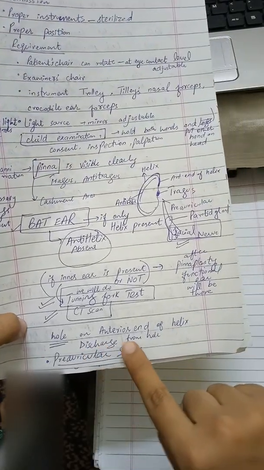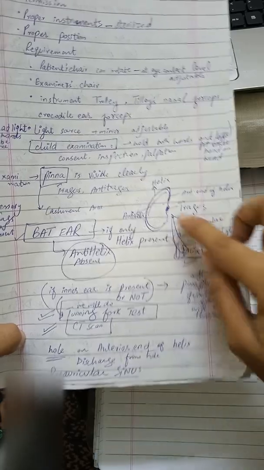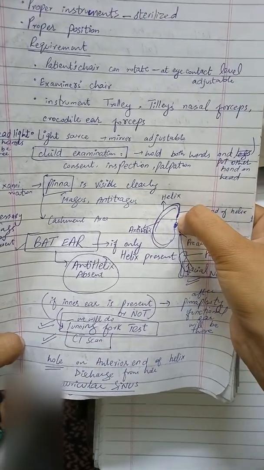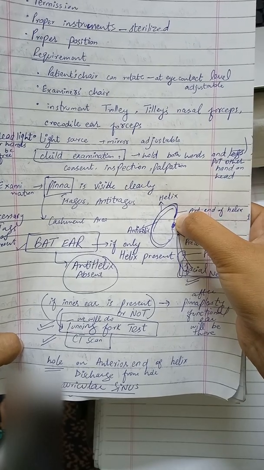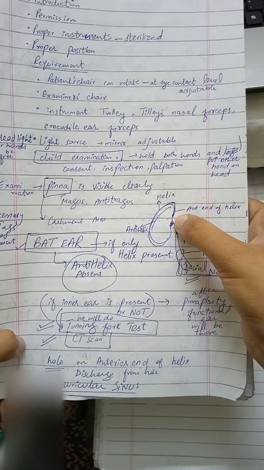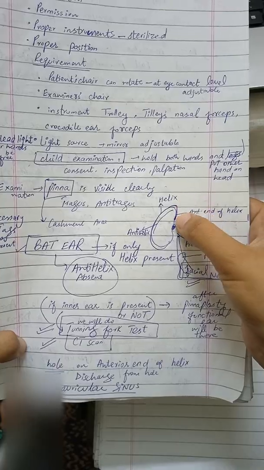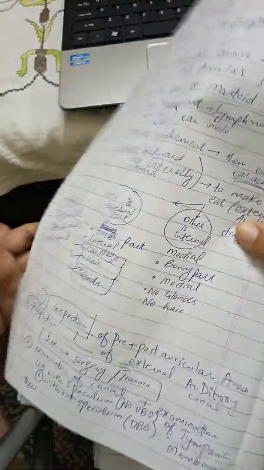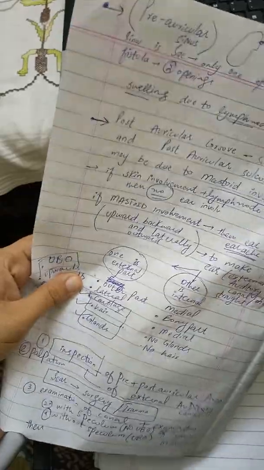And if there is a hole on the anterior end of the helix, this is helix outer border. If at the anterior end of the helix there is the hole and discharge from the hole, this is known as the preauricular sinus. And sinus has only one opening, while the fistula has two openings, and sinus is just like a sac-like structure.